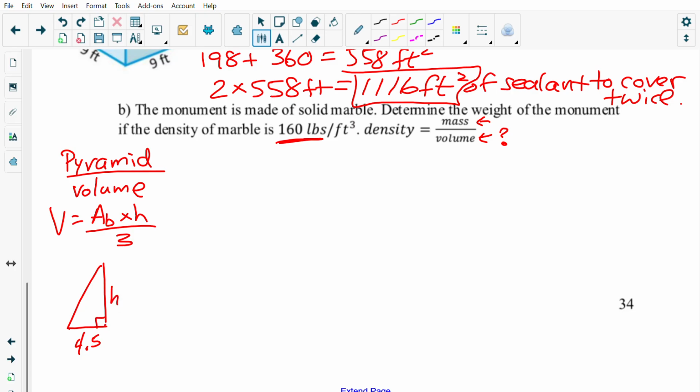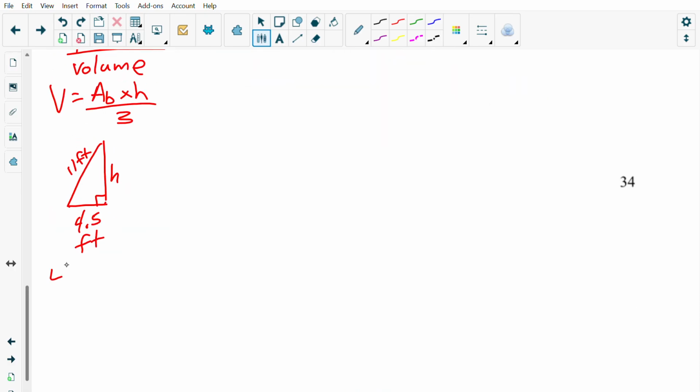And then this is the height I'm looking for, and this is 11 feet. Okay, do a little bit of Pythagoras here. 4.5 squared plus 8 squared equals 11 squared. And then rearrange everything. I'm going to just skip a step here. I get the square root of 100.75.